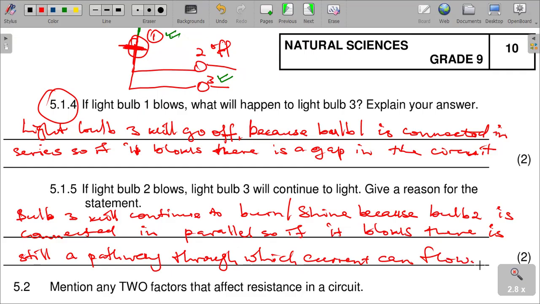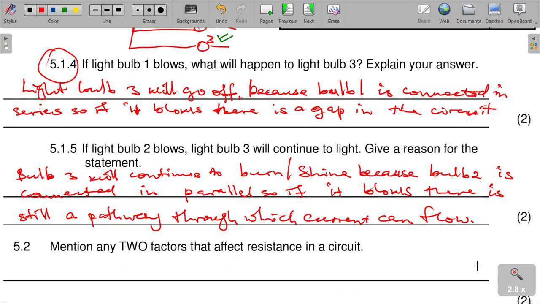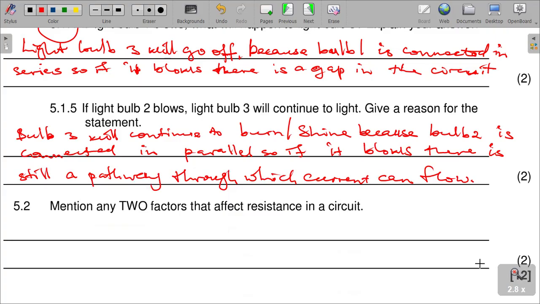That is the reason that is happening with that question. If bulb 2 blows, it doesn't affect bulb 3 because they are connected in parallel. So if bulb 2 blows, there is a pathway through which current can still flow. That is the reason which is causing bulb 3 to remain lighting.